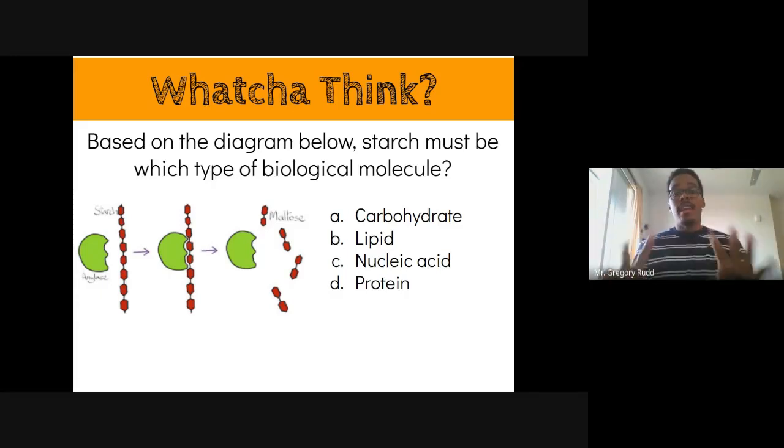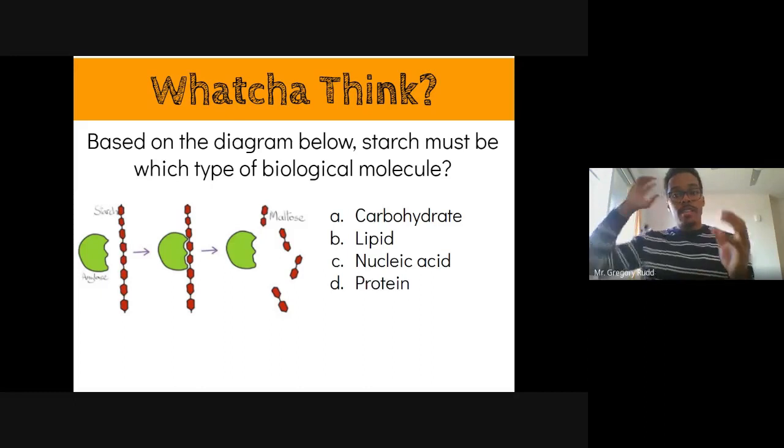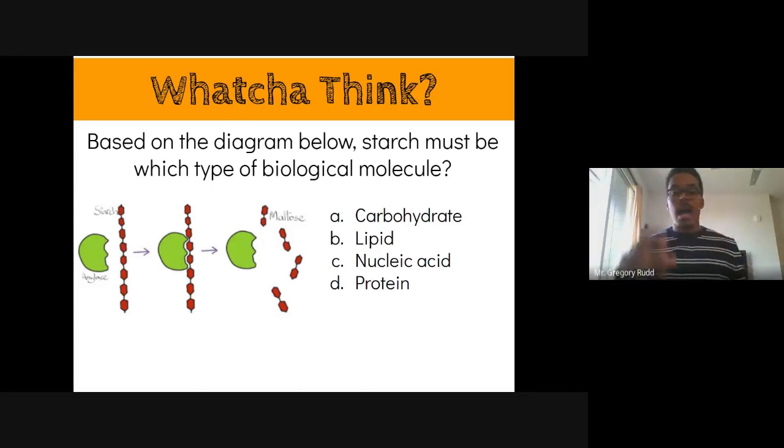If I break them down enough, meaning I break them down all the way into their atoms, to carbon, to hydrogen, to oxygen, then I can start to reform new monomers. But a nucleotide is never going to combine with another nucleotide to make a protein. That's just not how that works. All right, so if I broke something down into a sugar, well, then that thing must have also been a sugar.